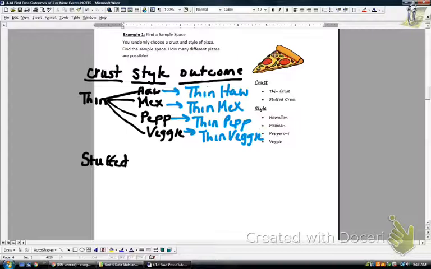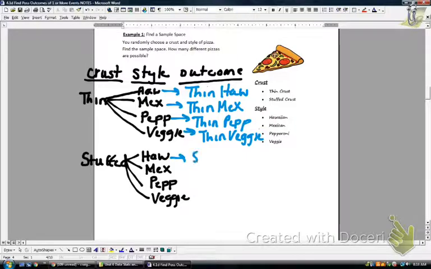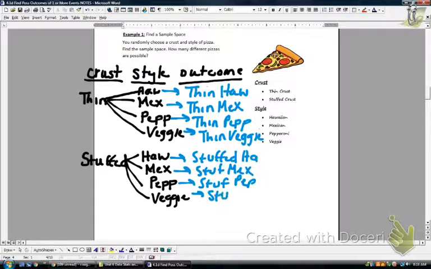So now let's look at stuffed crust, and it's going to be the same thing. We can choose stuffed Hawaiian. We can choose stuffed Mexican. We can choose stuffed pepperoni, or we can choose stuffed veggie. And then our outcomes are going to be the same thing except stuffed Hawaiian, stuffed Mexican, stuffed pepperoni, or stuffed veggie.